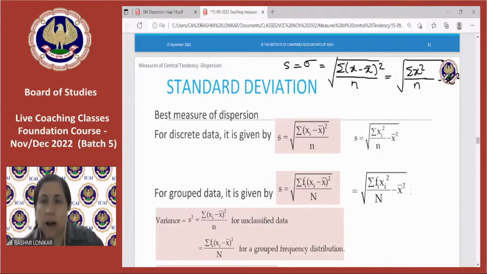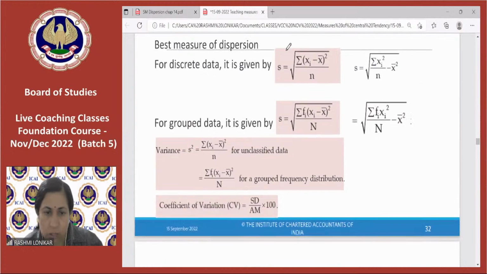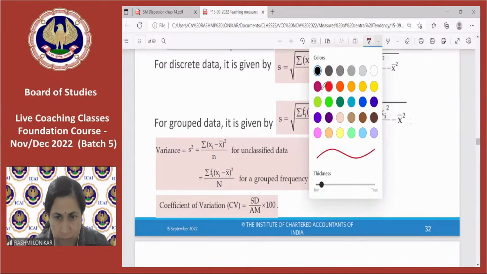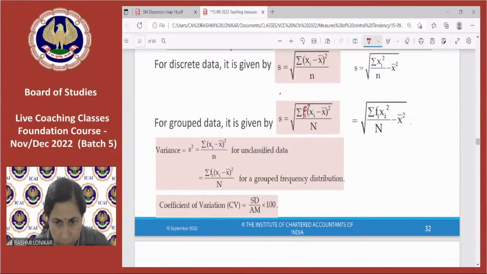That is, I find the numbers, I find the squares and I add them up, divided by n, and then I find the mean. I subtract that, I square the mean also, and then I take the square root. For grouped frequency data, you only have to multiply this by f. So this f is very important here.